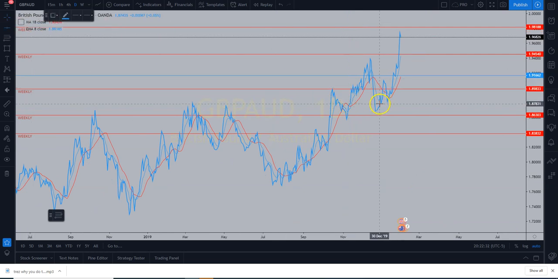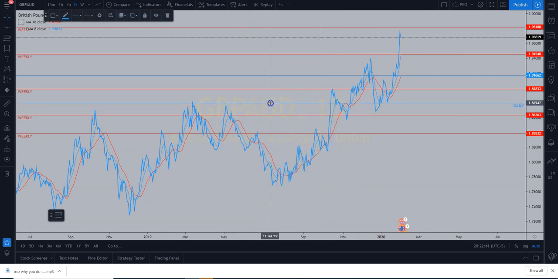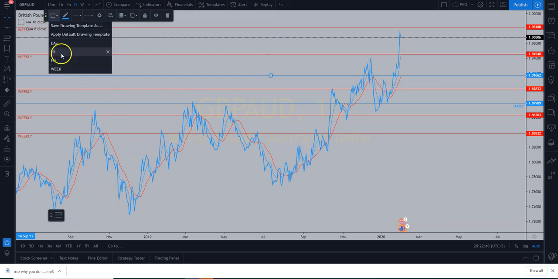I see right here, support it, resist it, support it, support it. So I'm going to try to put it around this area. Set the template today. Make sure we set these templates today so there's no question, you know, what line is what.